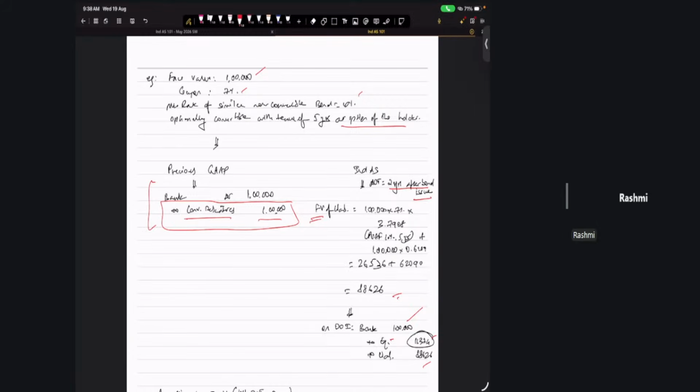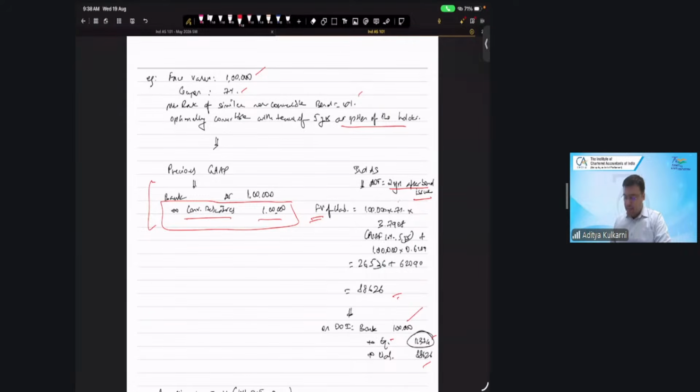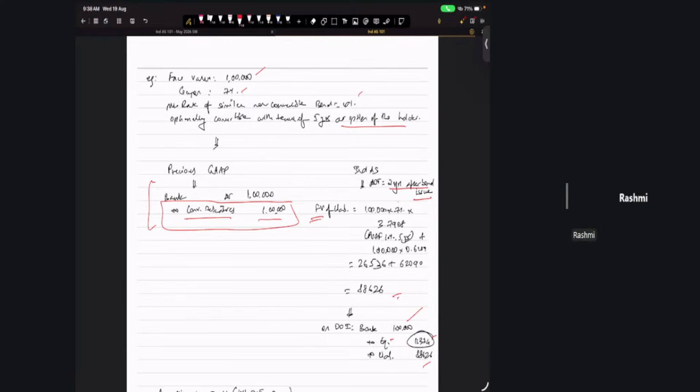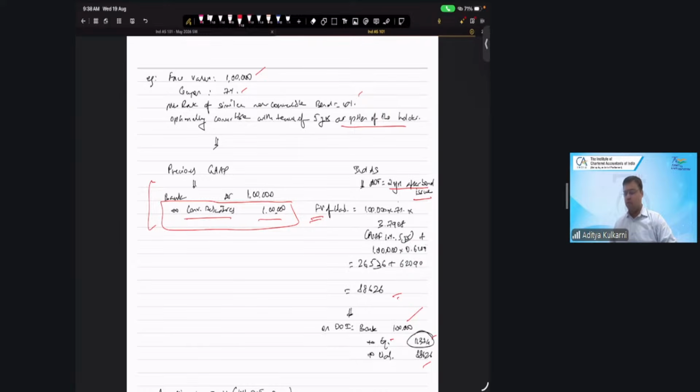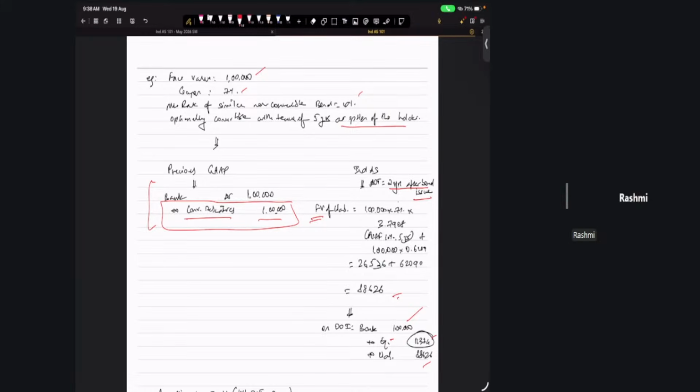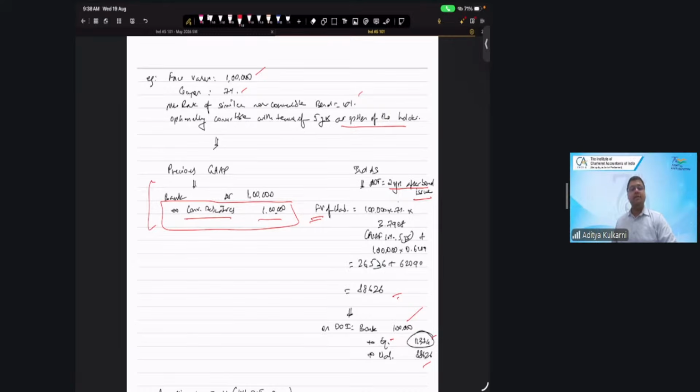That would be the present value: 1 lakh into 7%, this is your interest outflow, into 3.7908, the present value annuity factor at 10% for 5 years. Plus, you will redeem the principal, so 1 lakh into 0.6209, the discounting factor at 10% for 5 years. So your liability value is 88,626 and not 1 lakh rupees.